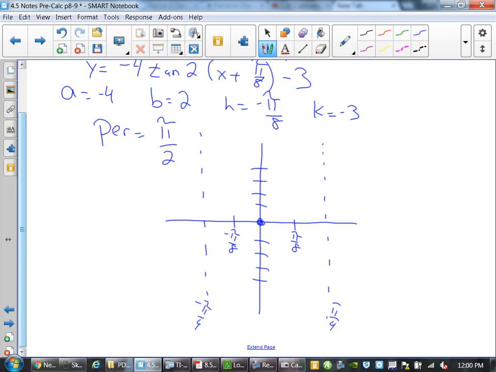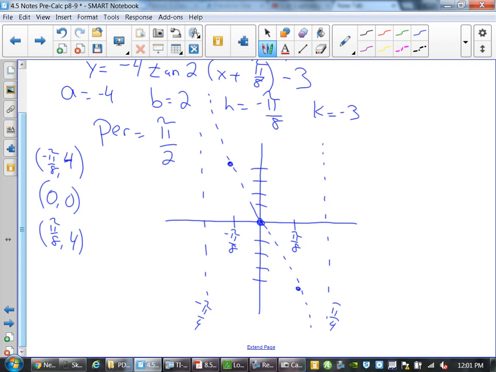Moving down to the right. Points of inflection occur at the A values. And so you've got negative pi over 8 and positive 4, 0, 0, and pi over 8, 4.